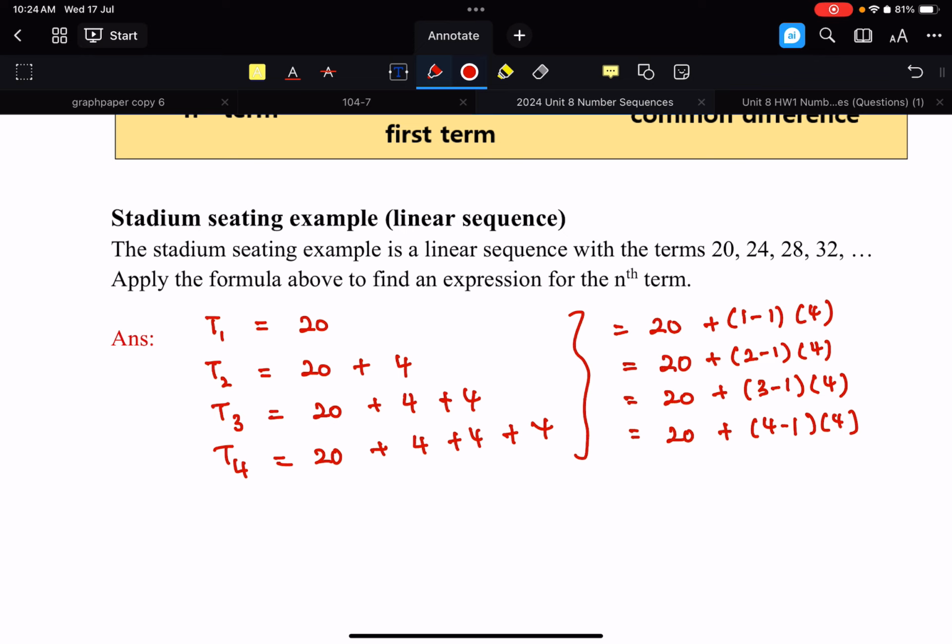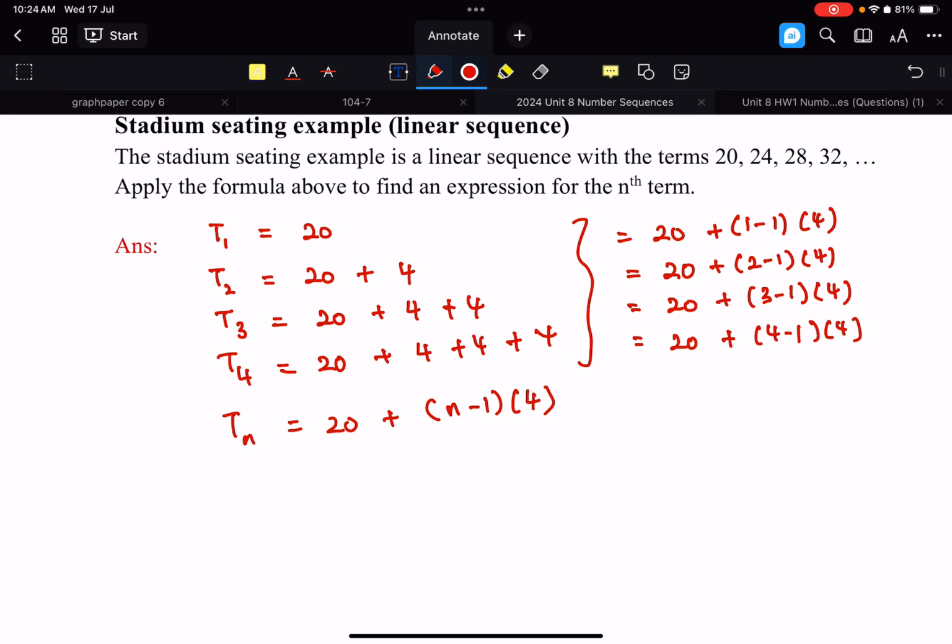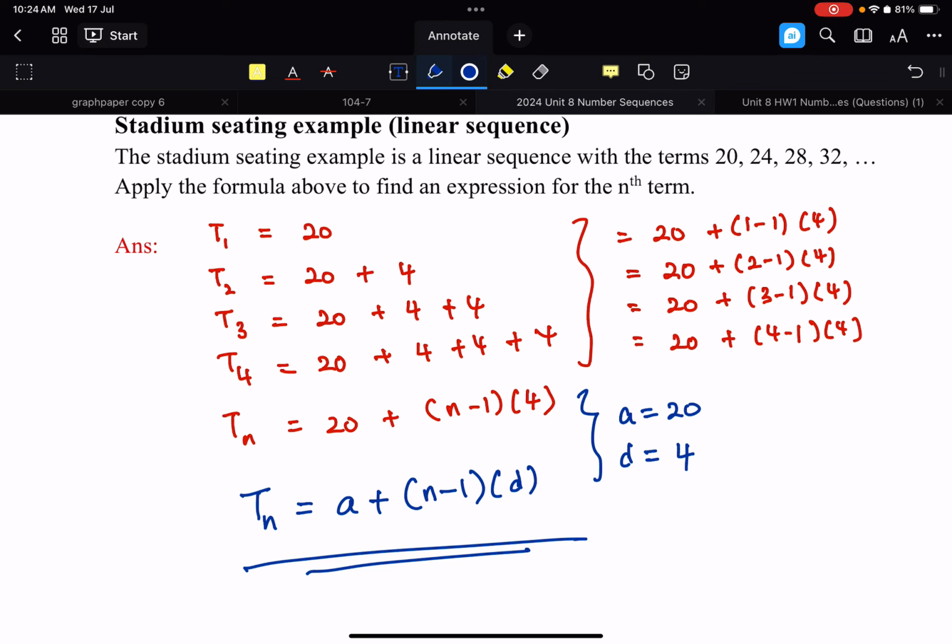It matches, right? So in this case, Tn, the n-th term, will be 20 plus n minus 1 times 4. Since my a is actually 20, I'm going to use a as the first term, and my common difference is d, which is 4. I can simplify the entire formula into a plus n minus 1 times d. And that is the general term.